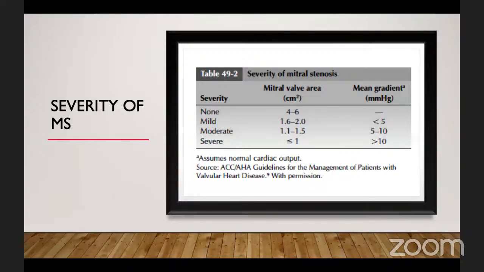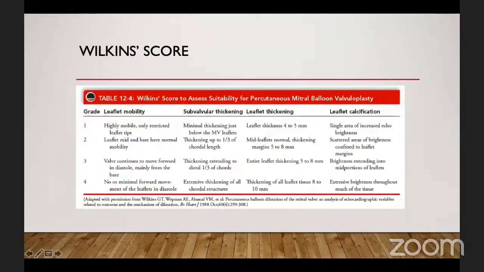They consider a mitral valve area of less than 1.5 as severe, and less than 1 as very severe mitral stenosis. A gradient of more than 10 is severe mitral stenosis, less than 5 is mild, and what's in between is moderate.